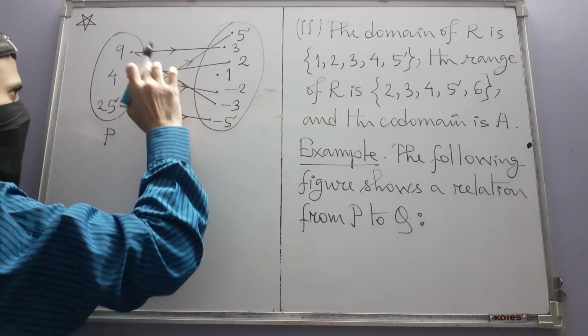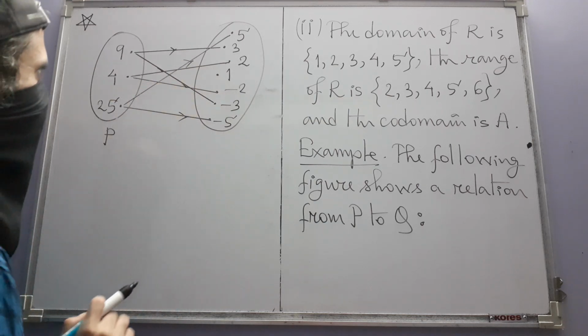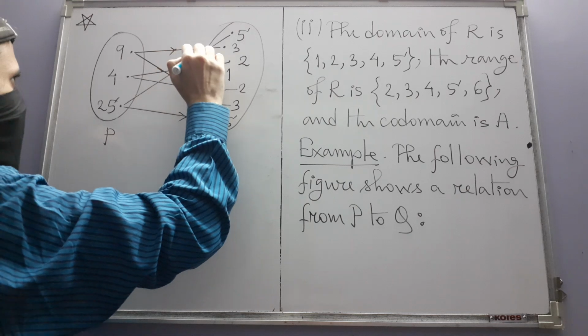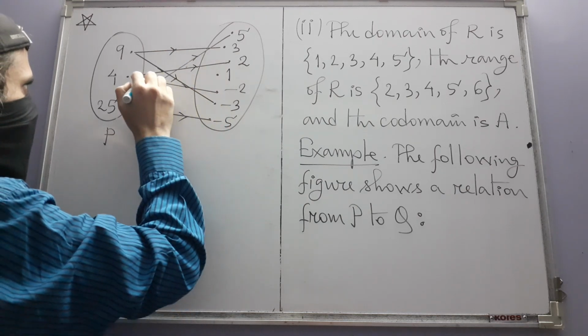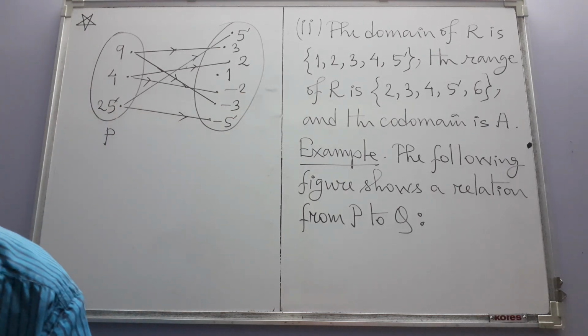So these arrows look quite ugly. They have come in the way. So now you can draw the arrows more carefully. So what is it that we have to do here?